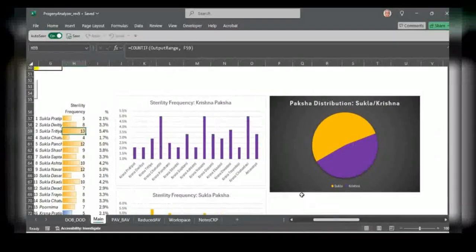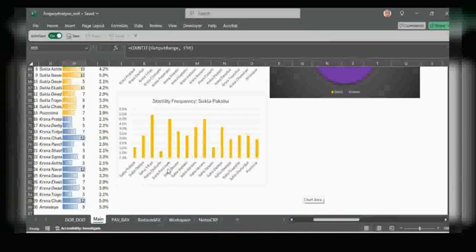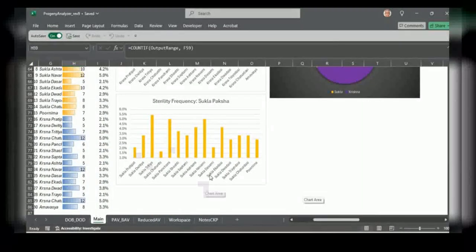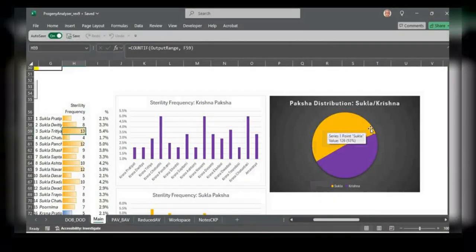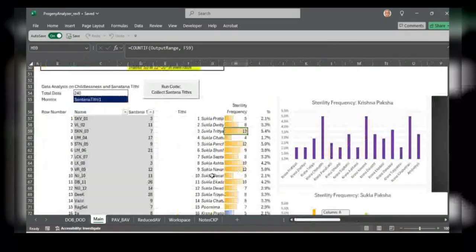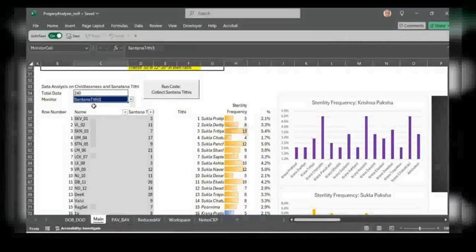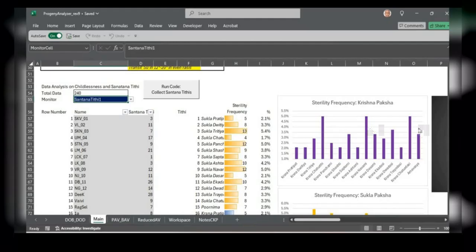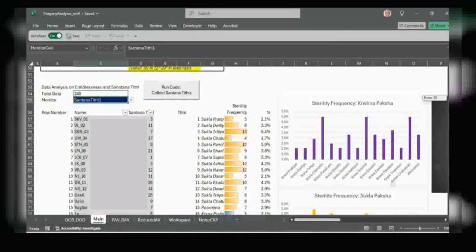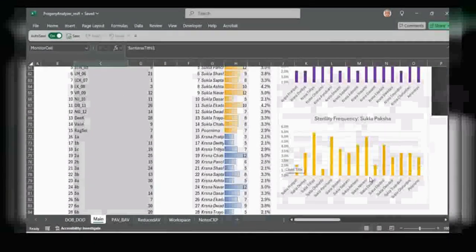When I ran it for Shukla Paksha data, even in this 240 data, the Shukla Paksha seems to be more or less equal. But as per the Sanatana Tithi 1 calculation, the Rikta Tithis emerged very strongly, and the Sanatana Tithi 2 calculation I find is more applicable for the Shukla Paksha.